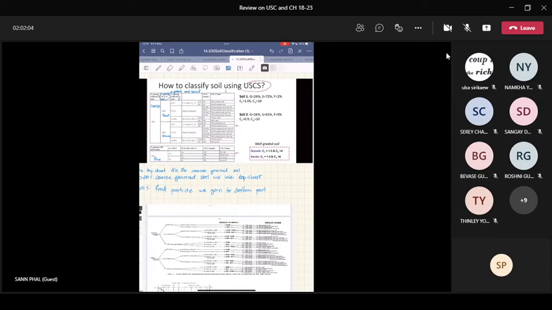If you use this system to classify the soil, we can find that 50% of the sample passes through the sieve number 200. We can see that the percentage of sand is around 55%, so we can classify the type of soil as coarse-grained soil.